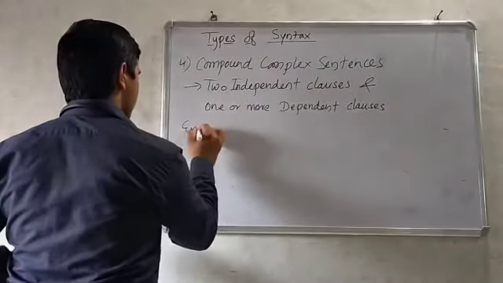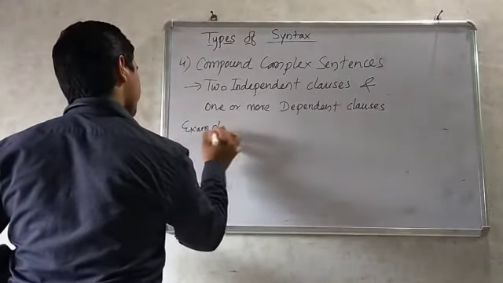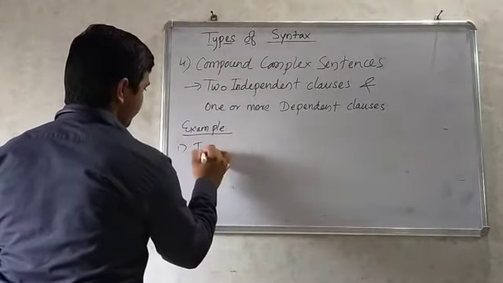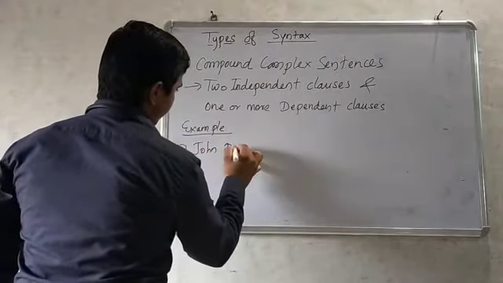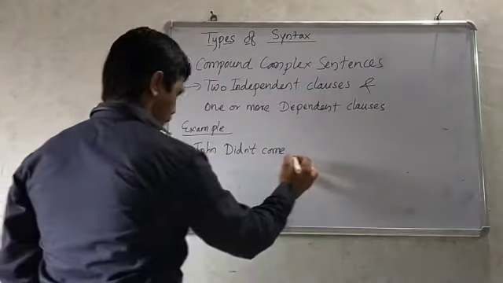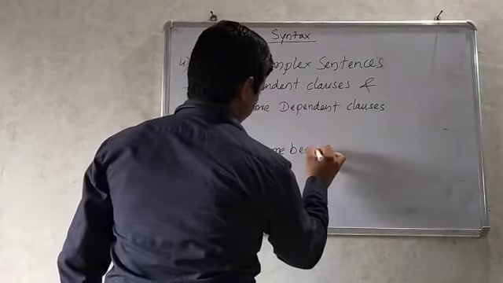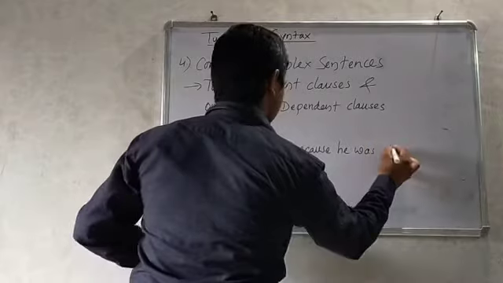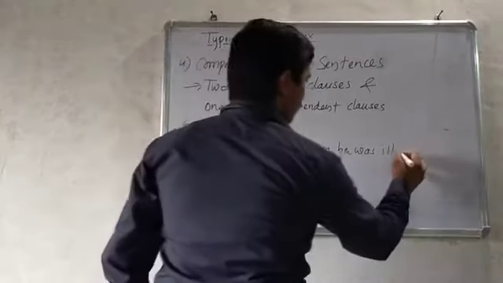Example: John did not come because he was ill.